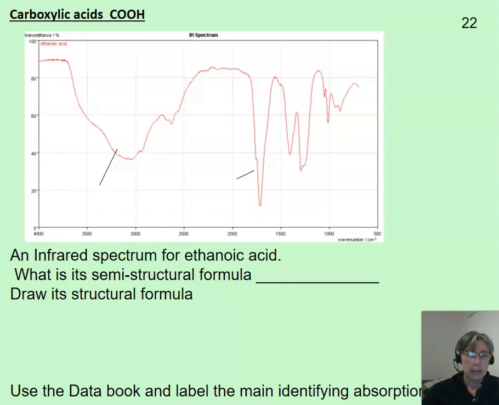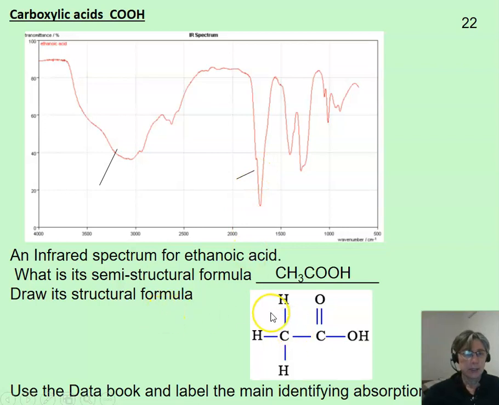Okay, so carboxylic acids, as we said, we've got the OH peak further down. Ethanoic acid, so we've got this. So we need to see this drawn out. So structural, this carbonyl, which is part of the carboxyl. The only time that you really break this up into a carbonyl and a hydroxyl and refer to them as separate things is on an IR spectrum.